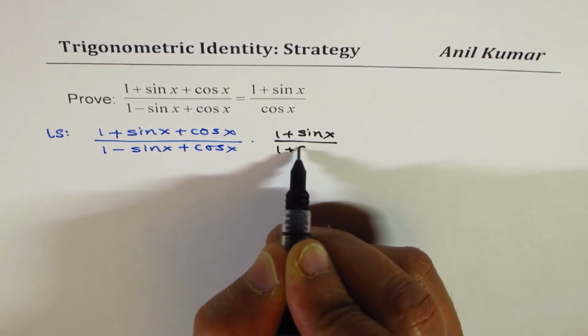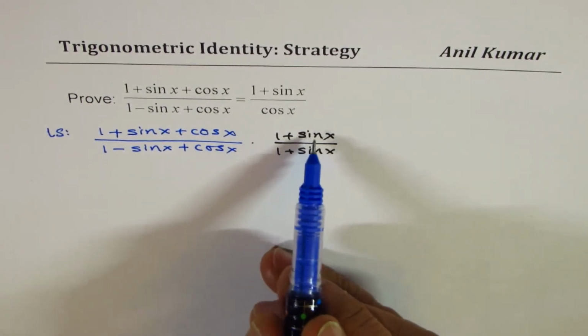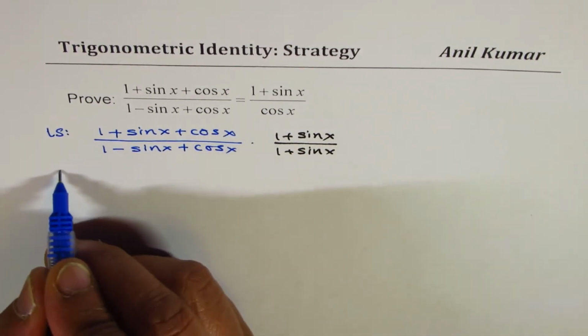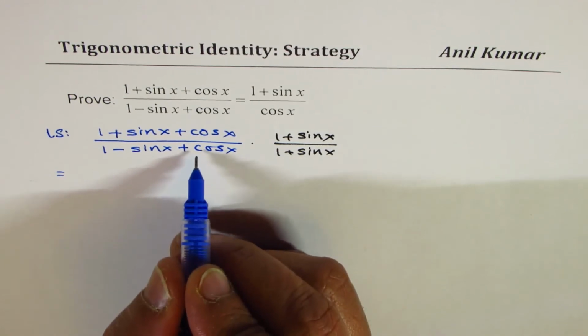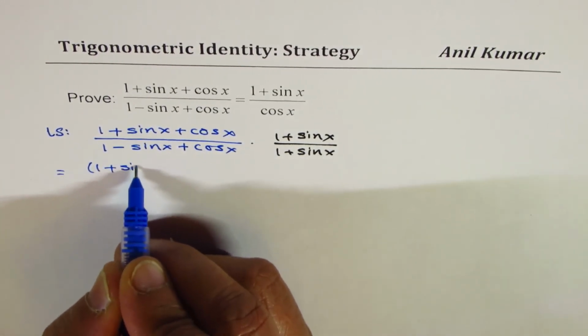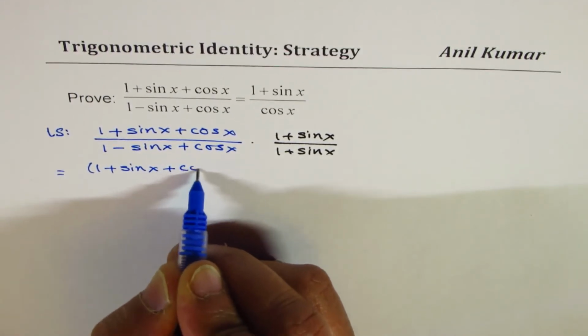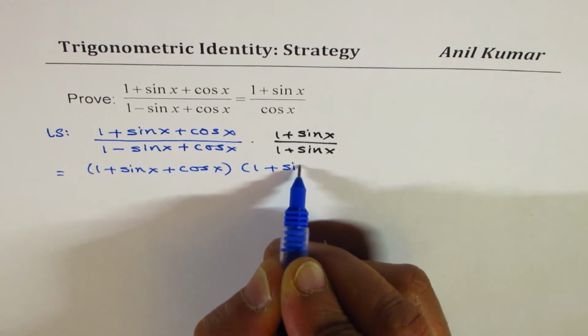Since we need 1 plus sin x in the numerator, we'll not really expand the numerator. However, we'll expand the denominator. So the numerator can now be written as 1 plus sin x plus cos x times 1 plus sin x.